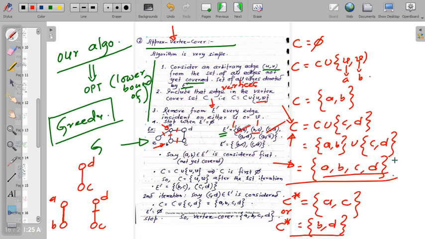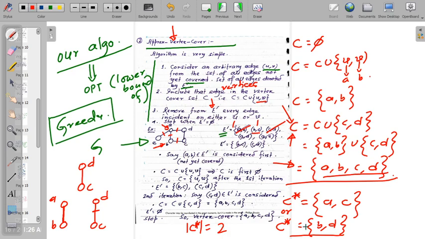Now another thing you notice: if I take the cardinality of C star, how much is it, can you tell me? Sir, 2. Who is telling? Sir, Aditya Singh. BD is not optimal because the edge AE is not being covered.